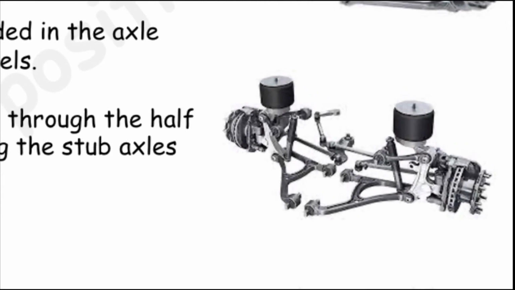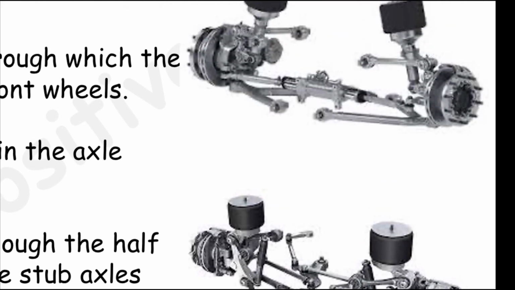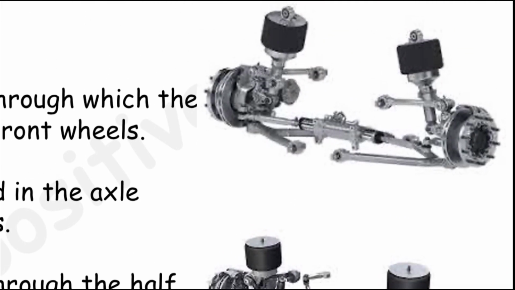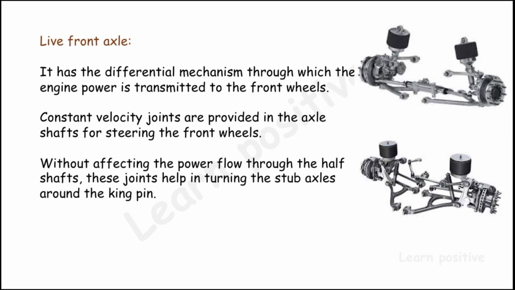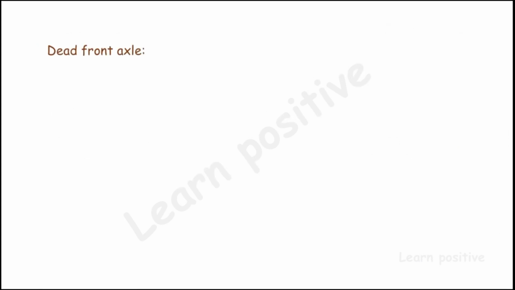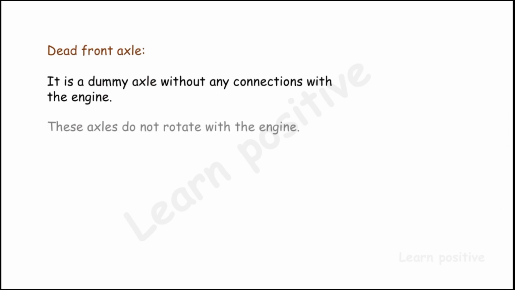This type has a tubular construction, with a hollow circular portion inside which the transmission shaft is placed. With the help of these joints, the stub axle can move around the kingpins to give better steering.